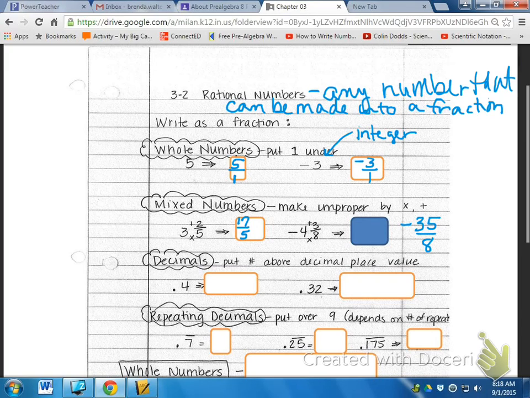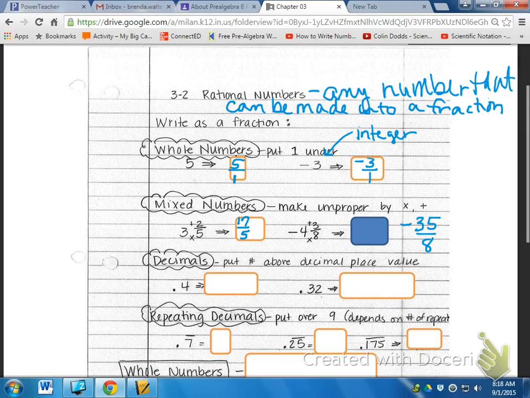Next, we're going to switch to decimals. And you put the number above the decimal place value. So when I read 0.4, who can tell me how you should really read that number without saying the word point in front of it? Tori? 4 over 10 or 2 over 5. Okay, but you would read it how?